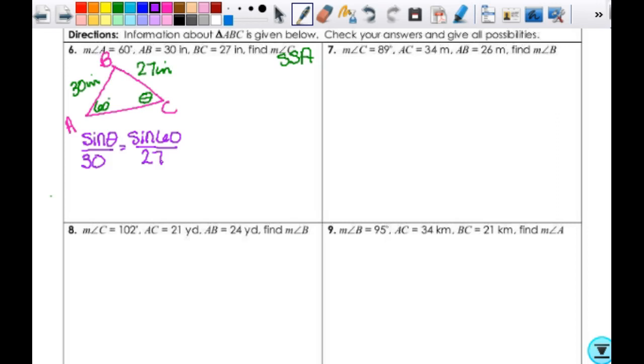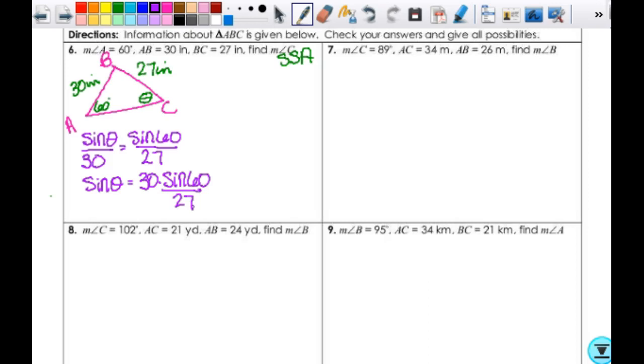And so I'm going to multiply. I could cross multiply here, but when your unknown is in the numerator, it's way easier just to go ahead and multiply both sides by 30. And so this is going to give me the sine of theta is equal to 30 times sine of 60 over 27, right? And you could put all of that in the numerator if you wanted to.